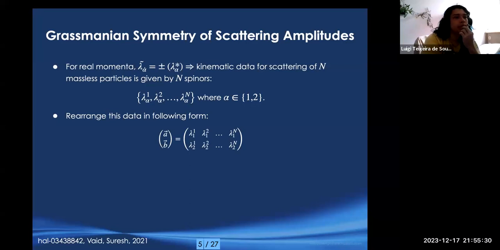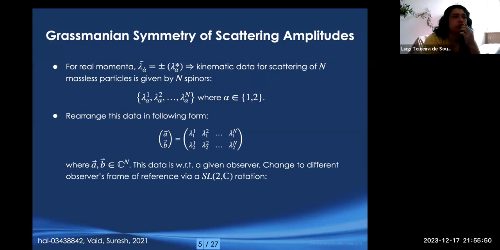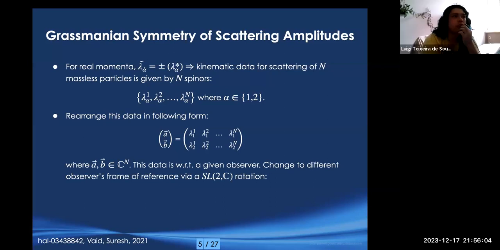This matrix you can view as a collection of two n-dimensional vectors, A and B. The upper component corresponds to A and the bottom component corresponds to B. These are complex numbers in general, so A and B are complex vectors.